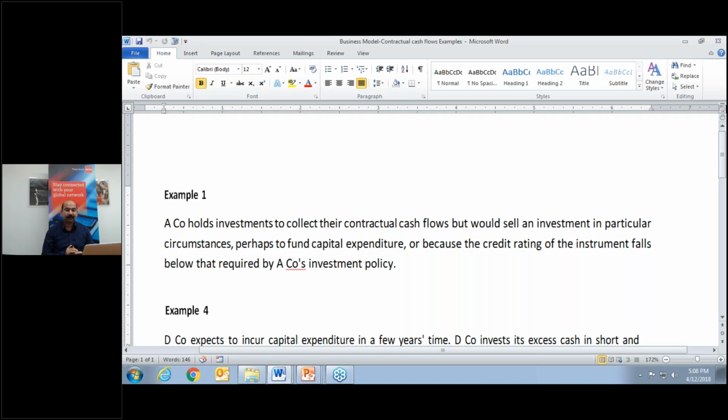See here, although company A may consider, among other information, the financial asset's fair value from a liquidity perspective, that is the cash amount that would be realized if the company needs to sell the asset, the company's objective is to hold the financial assets and collect the contractual cash flows.